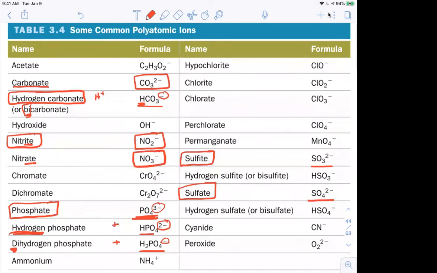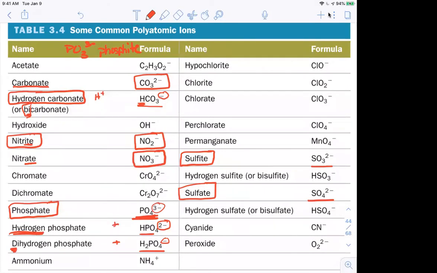Notice PO3 3 minus would be phosphite. Again, one less oxygen than the phosphate, but I could have hydrogen phosphite and dihydrogen phosphite as well in the same analogous way.